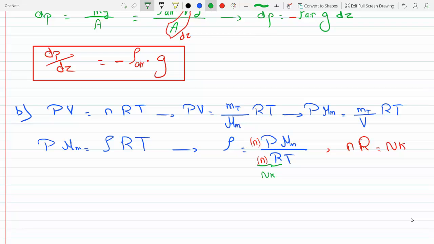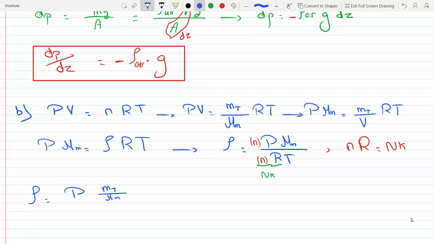So now my rho becomes P. Now keep in mind that this small n, the number of moles, is how many grams total of air molecules I have. So that's the total mass of air molecules divided by the molar mass of air, because molar mass gives me grams per mole, and above I have grams, so I would get the moles.